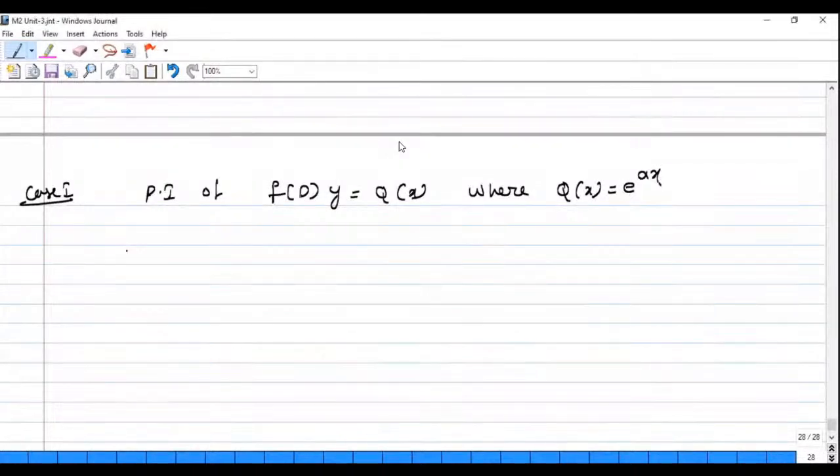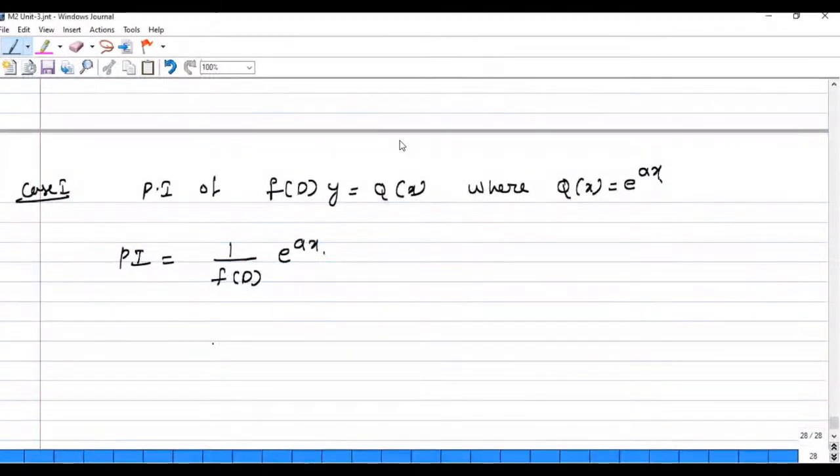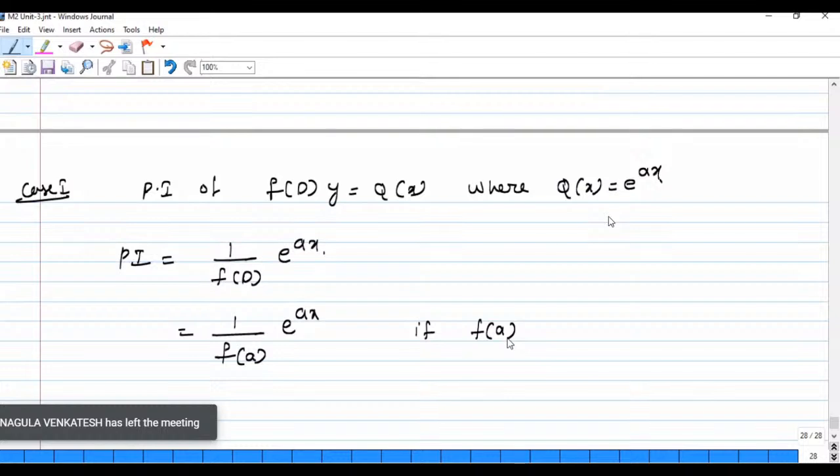So what is the P.I.? It is 1 by f of D into e power ax, which is equal to 1 by f of a into e power ax if f of a is not equal to 0.